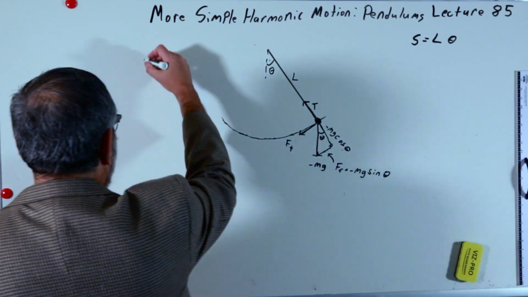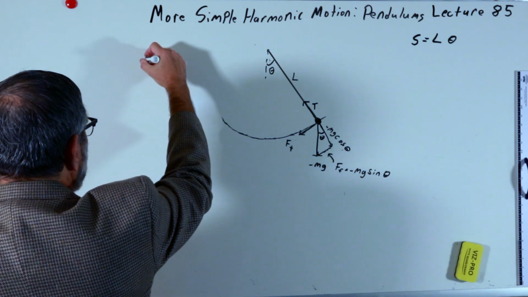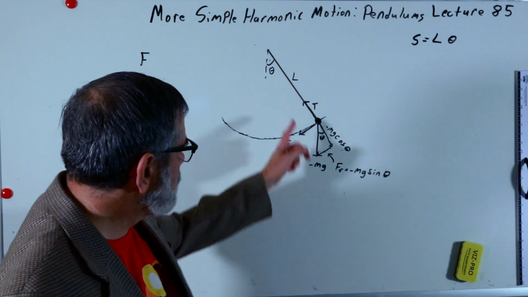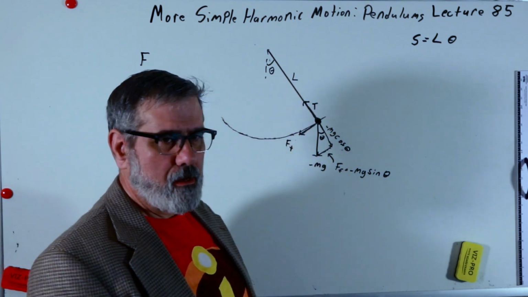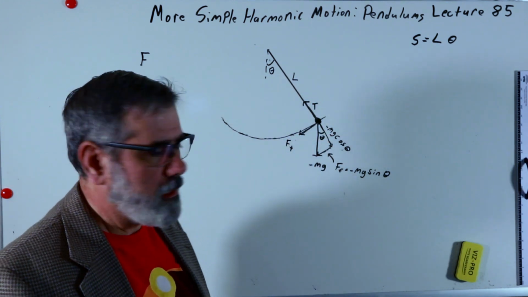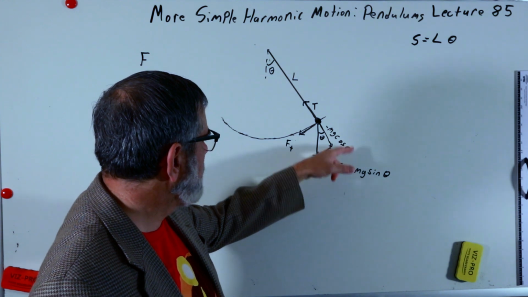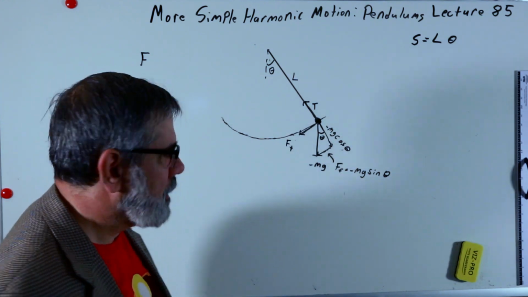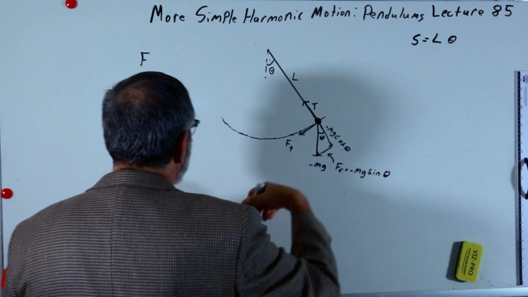We can basically write down the force. At least, we're only interested in the tangential force. The forces in the direction of the tension are completely canceling. This minus mg cosine theta is equal to T. That's why it's not accelerating, so there's no acceleration there. But there is acceleration in the tangential direction.